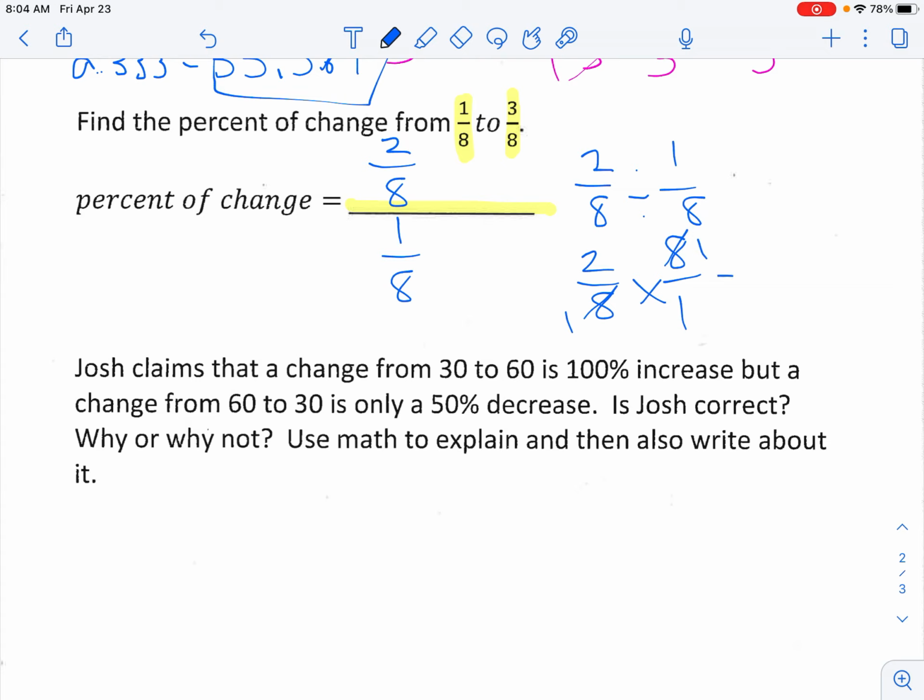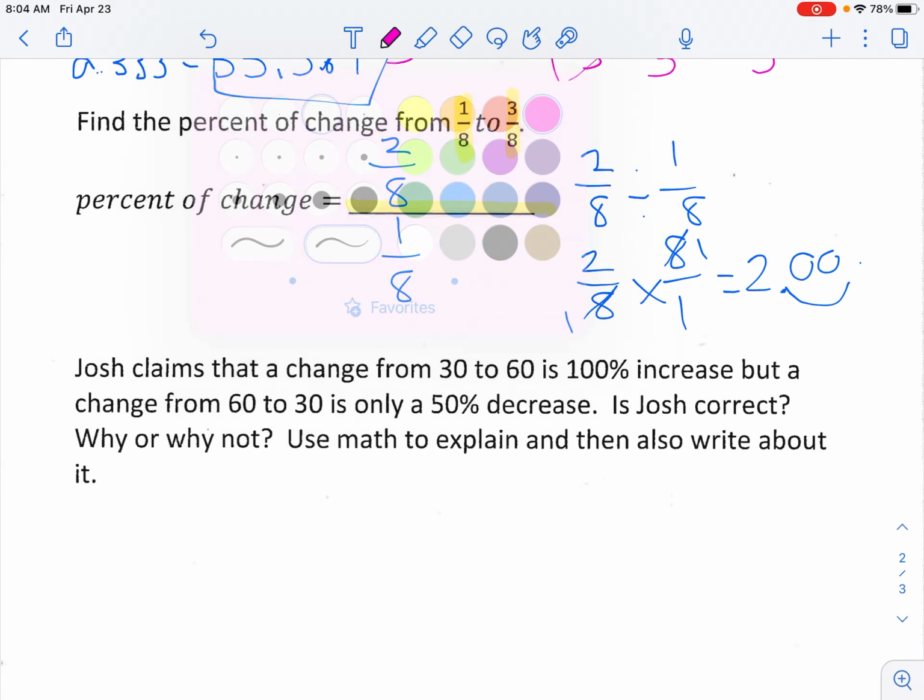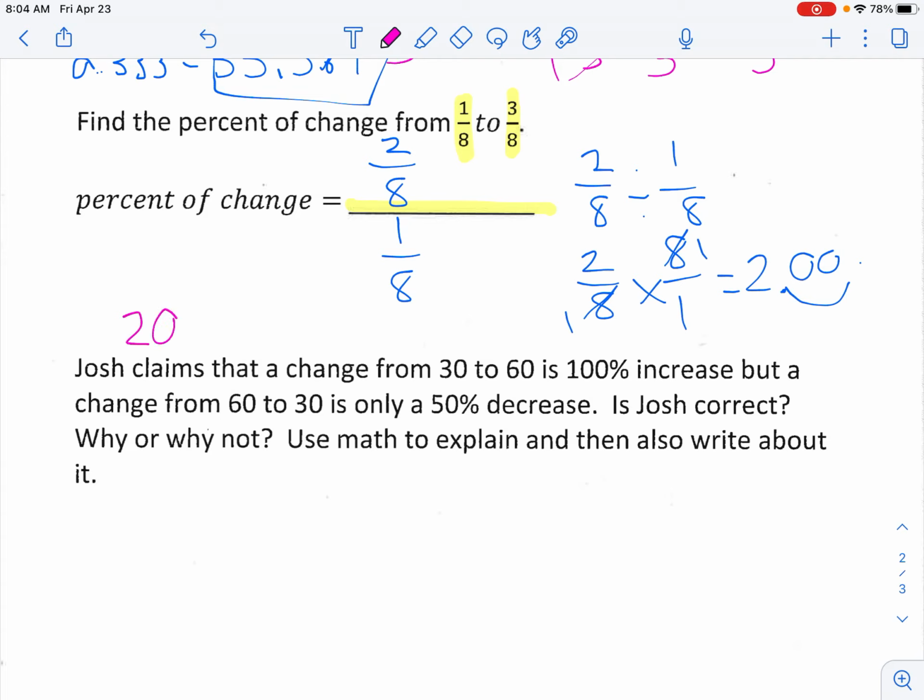Cross cancel your 8s, and that's 2. Now remember the number 2, if we added a decimal and moved that decimal twice to the right, we'd have to add 2 zeros. So the number 2 is equal to 200%. So my final answer would say 200% increase. So again, this number is going up from 1/8 to 3/8.